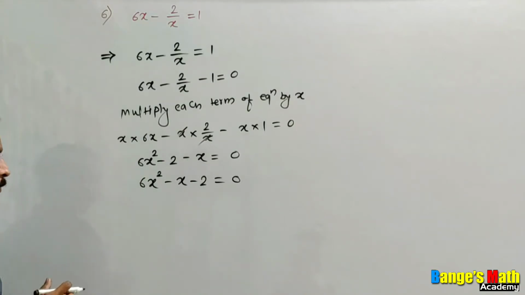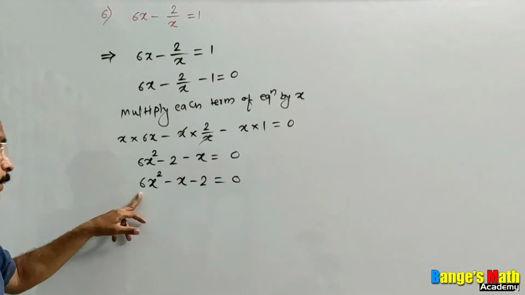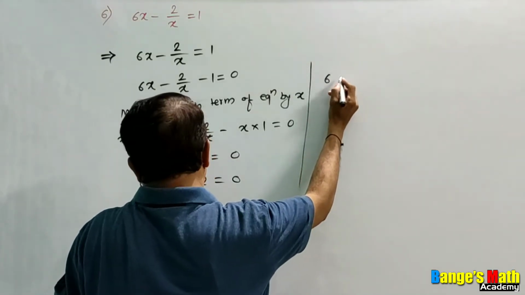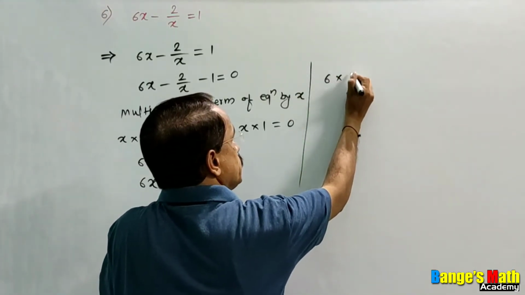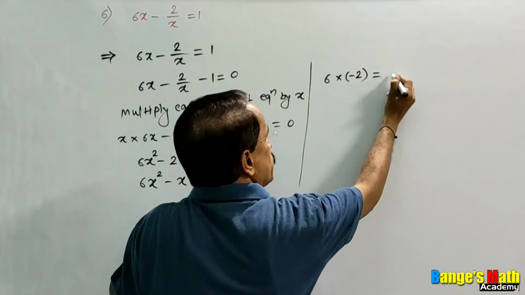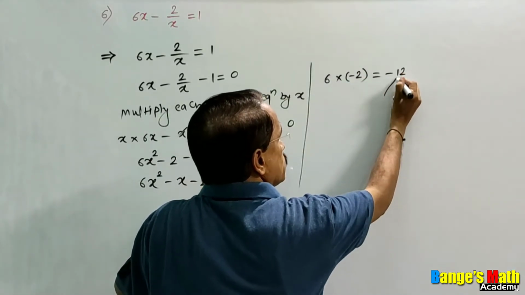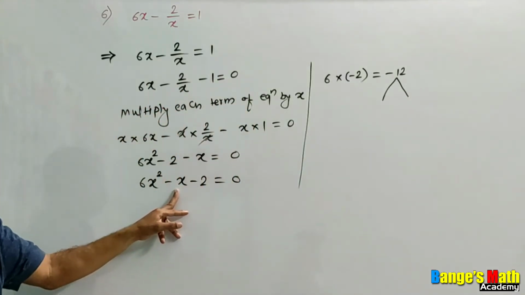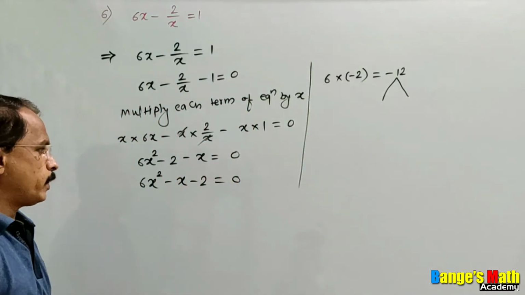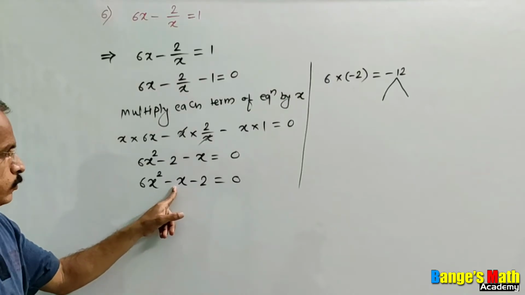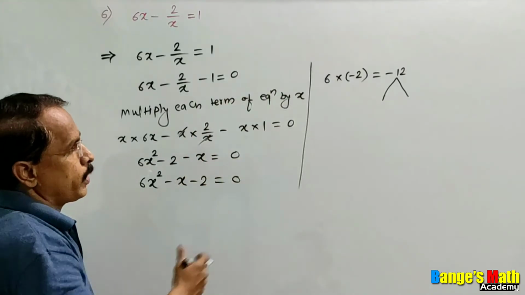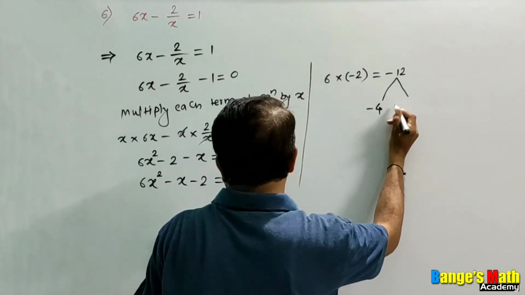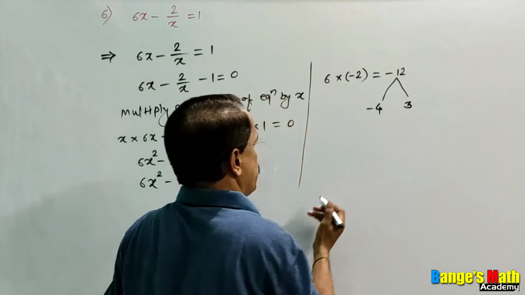Then see, the coefficient of the quadratic term is 6 and the constant term is minus 2. Their product is minus 12. So by splitting the middle term, find two numbers such that their sum is minus 1 and their product is minus 12. Those two numbers are minus 4 and plus 3.